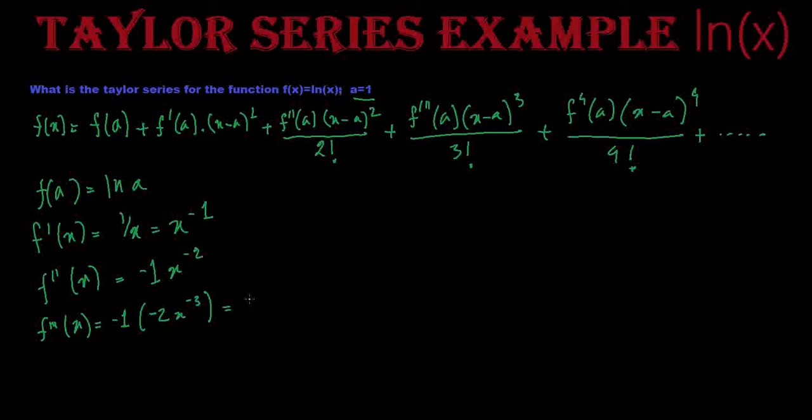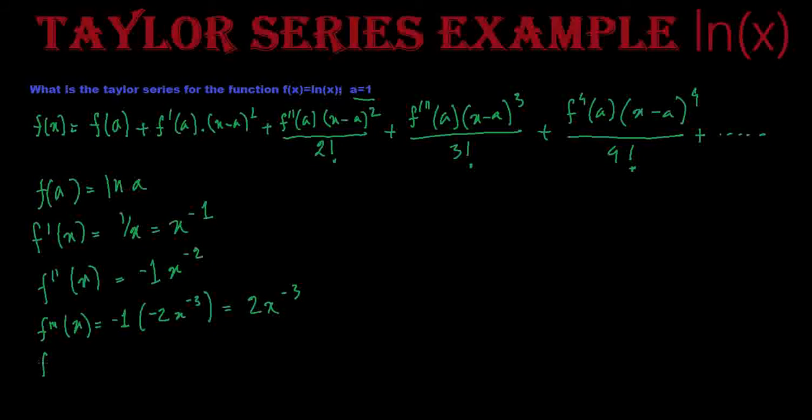That will be equal to 2 x to the power minus 3. And the fourth derivative is going to be minus 3 times 2, that is minus 6 x to the power minus 4. So basically we need all these derivatives at x equals a, in this case which is 1.